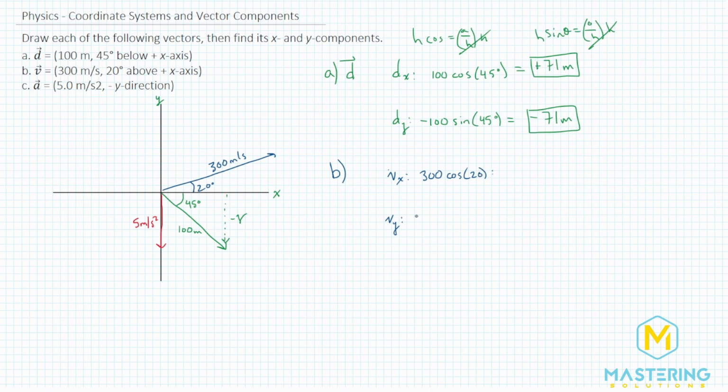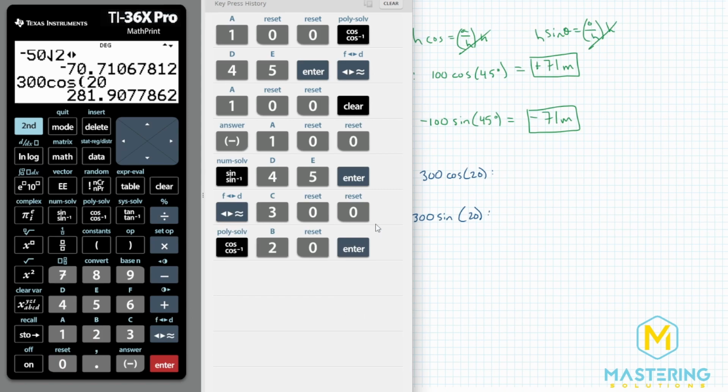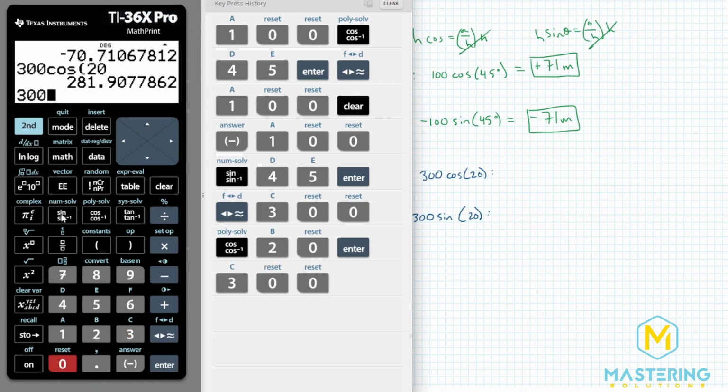For the y component, it's the opposite of the angle, and we have the hypotenuse, so we'll be using sine. So we have 300 times the sine of the angle 20. The x component is in the positive x direction, so that's correct. The y component is also positive, so that will also be positive.